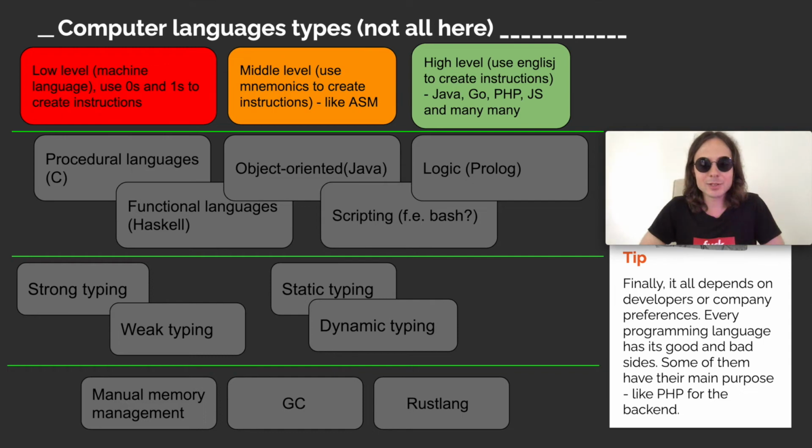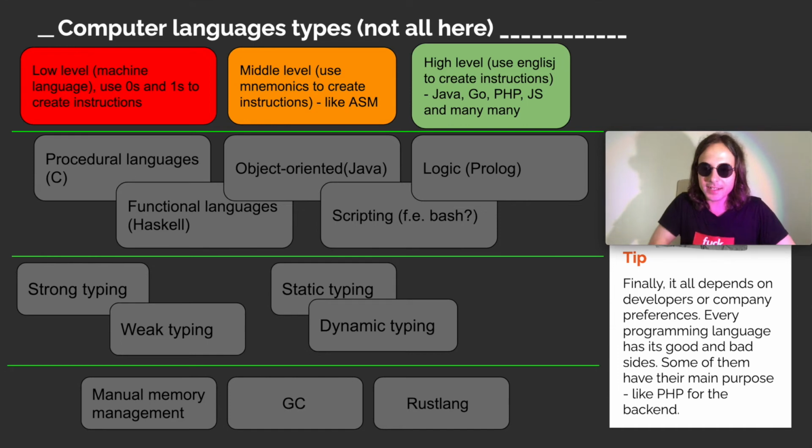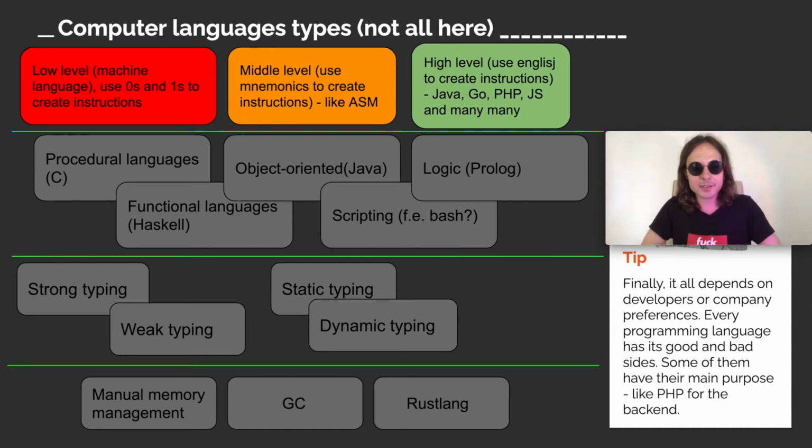Then programming languages have different typing systems. For example, strong typing and weak typing, static typing and dynamic typing. What is the difference? The difference is that in strongly typed languages, we cannot mix a few different types in one expression.